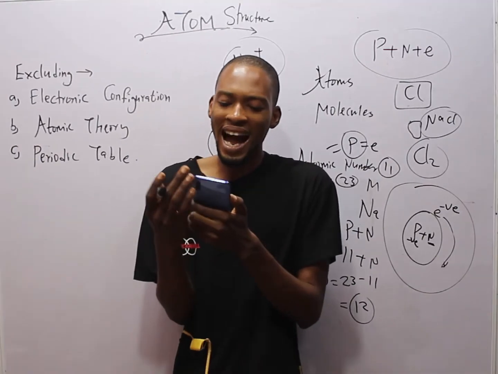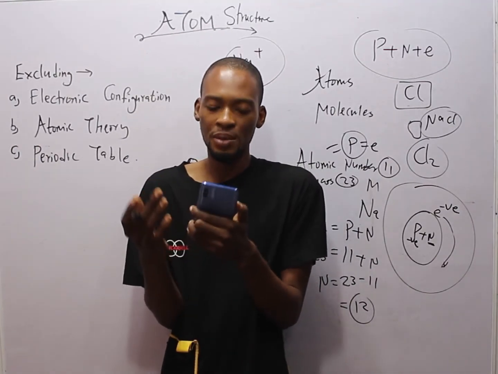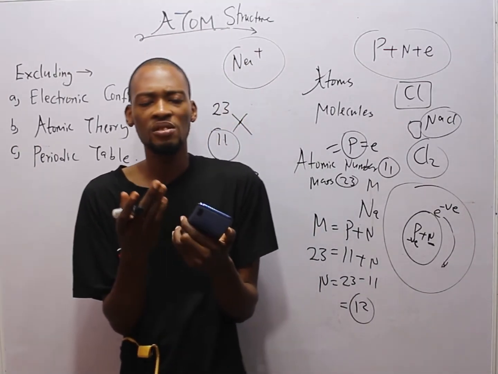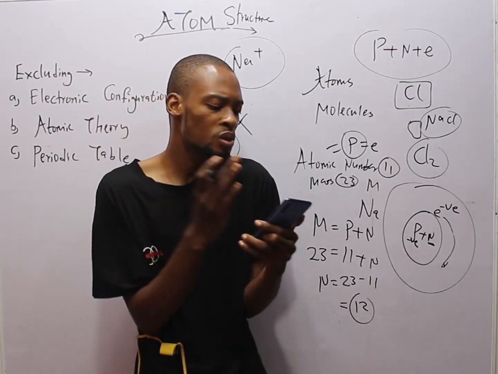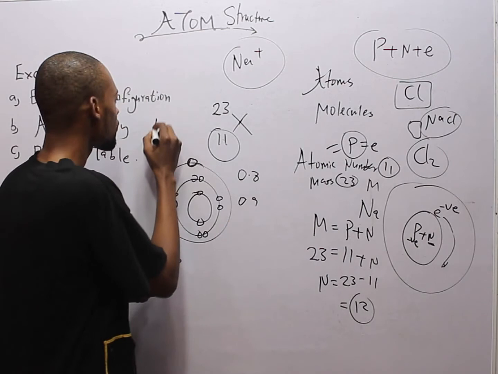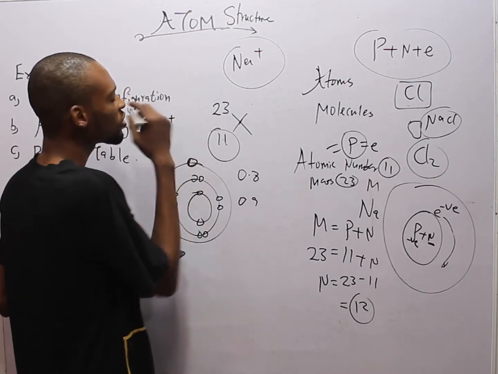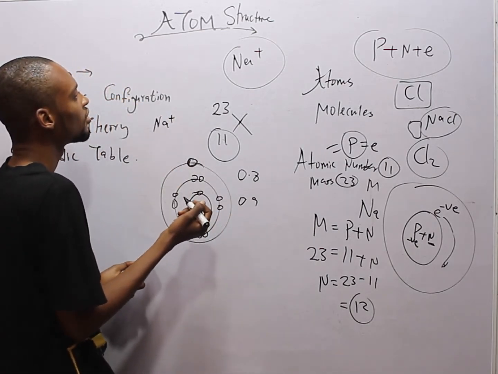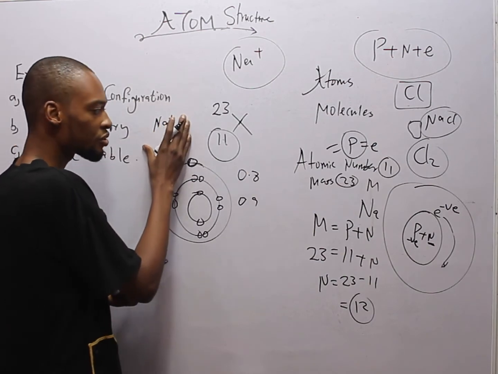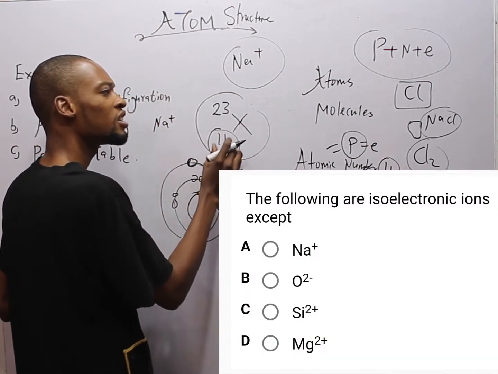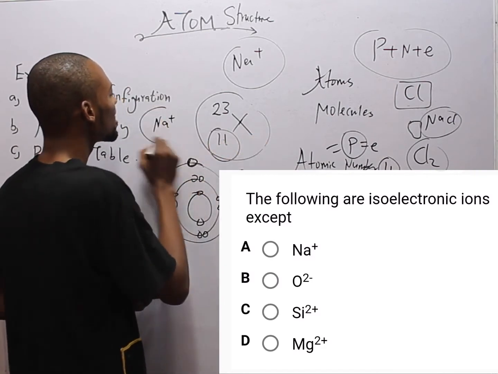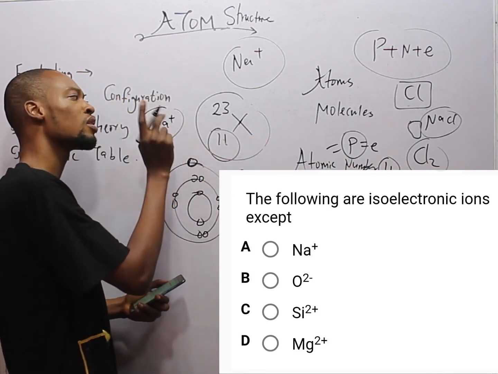The following are isoelectronic ions, except. Isoelectronic ions are simply ions that have the same number of electrons. So the first one is Na+. Sodium has 11 electrons because in neutral form, the number of protons is equal to the number of electrons. But in this case, it is positively charged, plus 1.